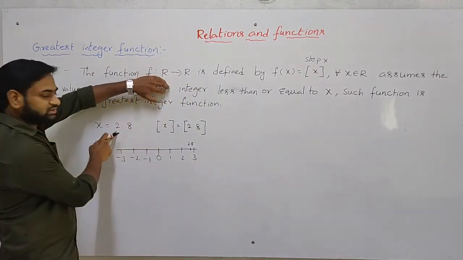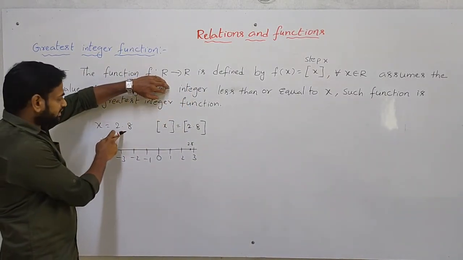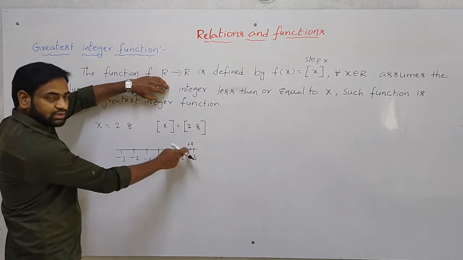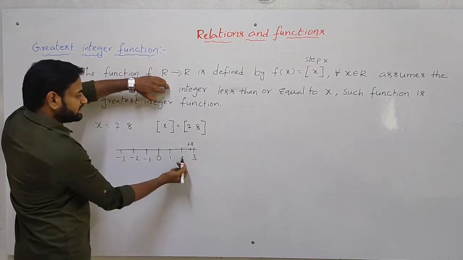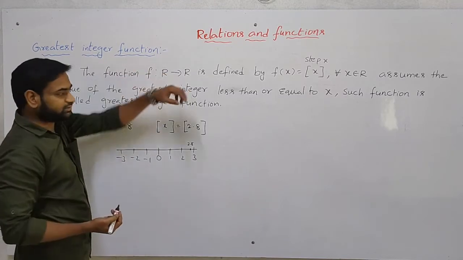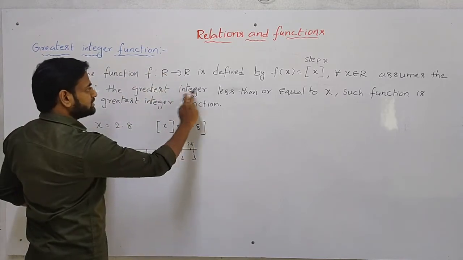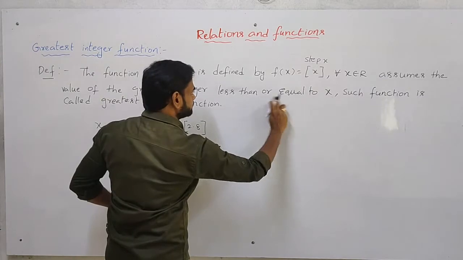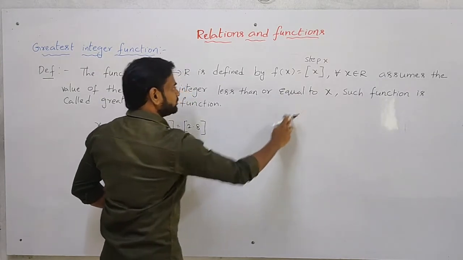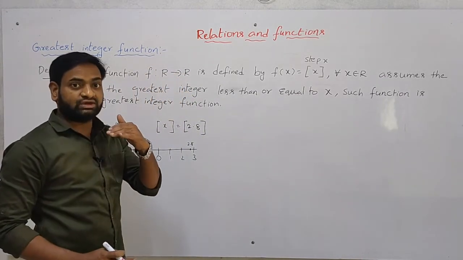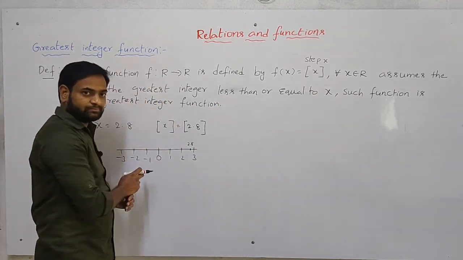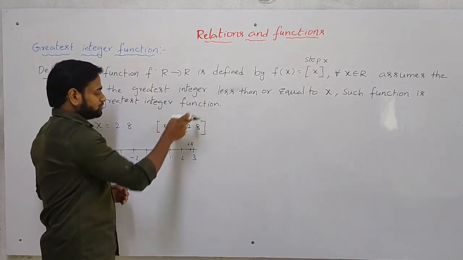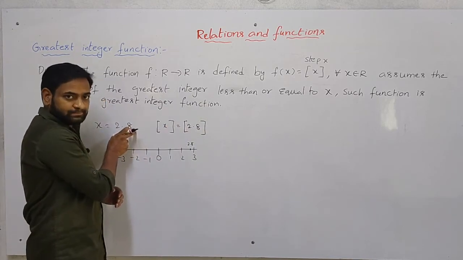Here x is 2.8. Less than means what are the integers less than 2.8? Leave this equal to; I will say when you get equal. Here I have to take less than.